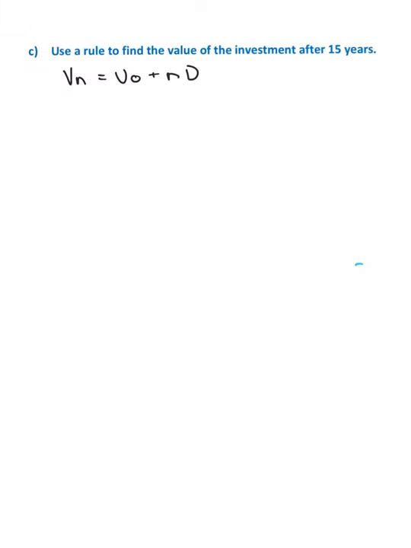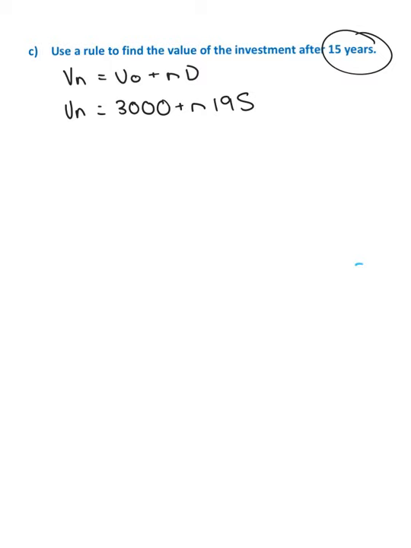Another typical example is one like part C. Use a rule to find the value of the investment after 15 years. We found our rule on our last one: Vn equals 3,000 plus N times 195.